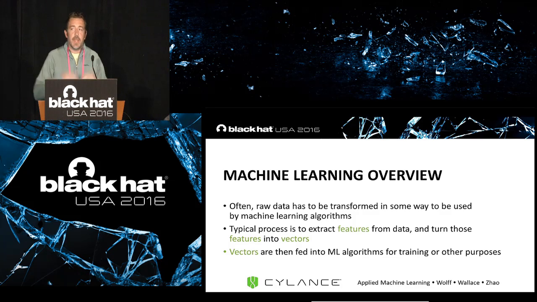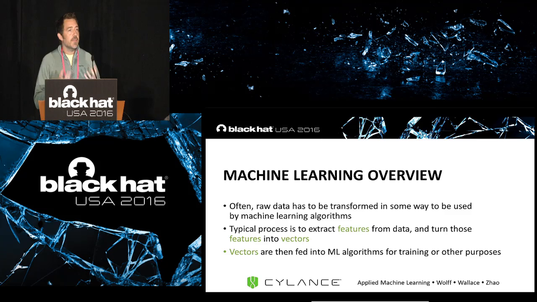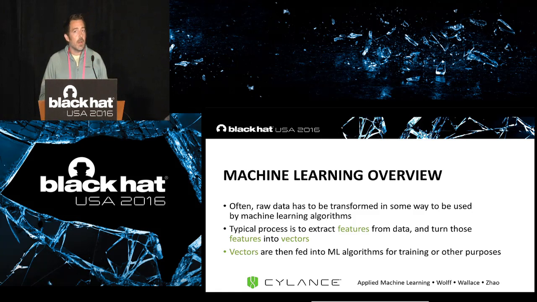So what happens is, okay, I have some data, I want to do machine learning, how do I make that happen? Given your data, typically you have to transform it into some type of mathematical representation. That is usually a phase called feature extraction, where as a domain expert you ask, what are the things in this data that I think are important to make a decision?